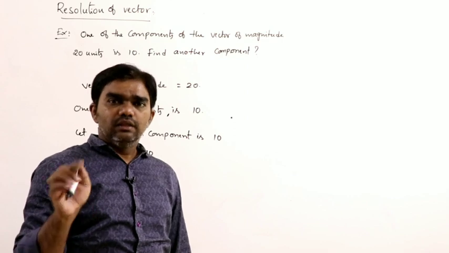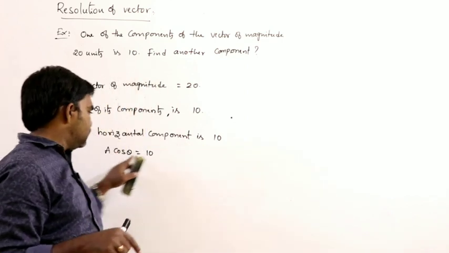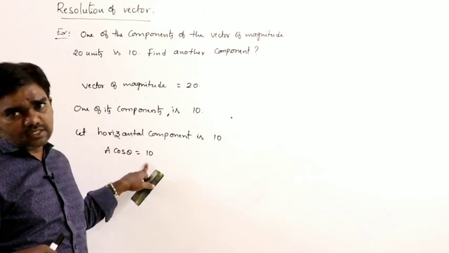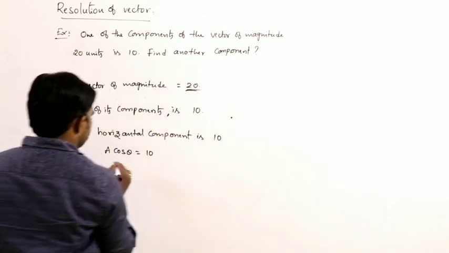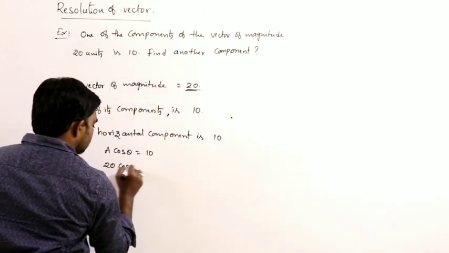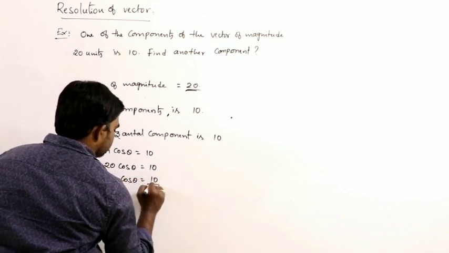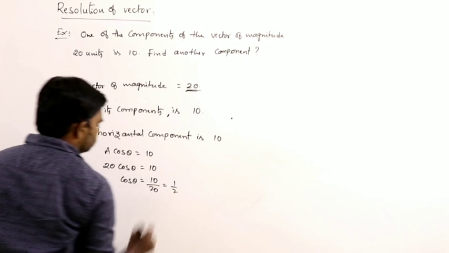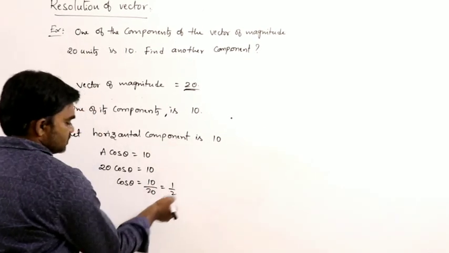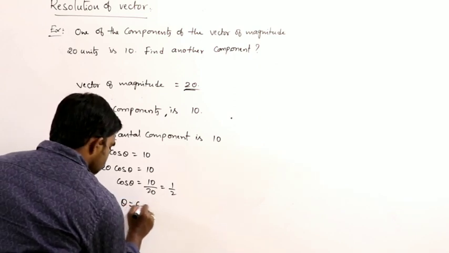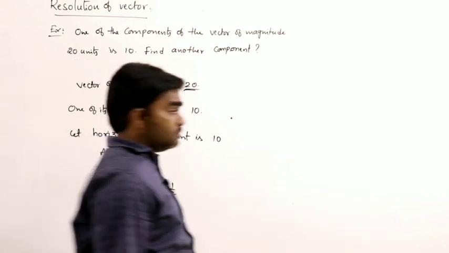But the magnitude of the vector here is 20, so 20 cos theta equals 10, and cos theta equals 10 by 20, that is 1 by 2. For what value of theta is cos theta 1 by 2? Theta equals 60.